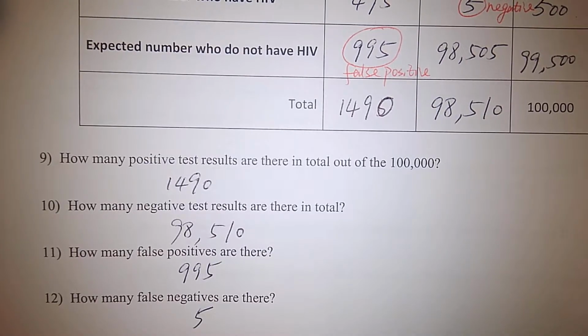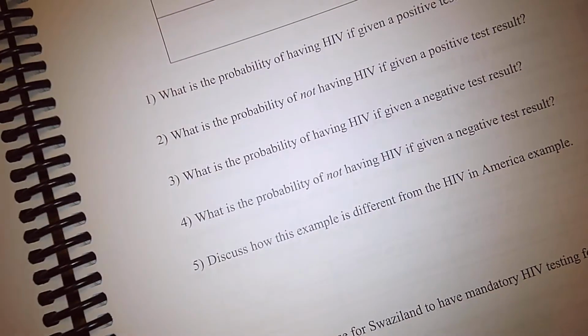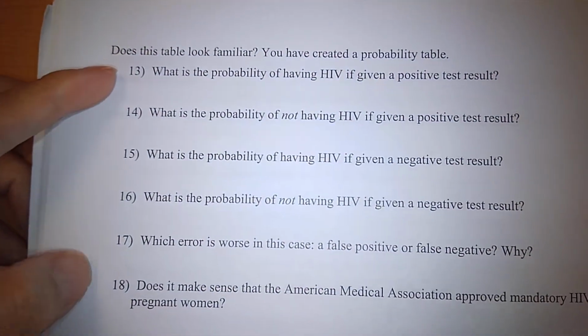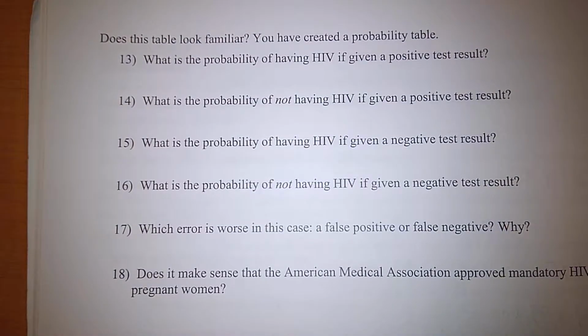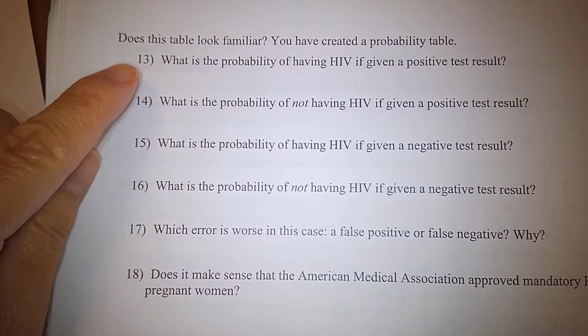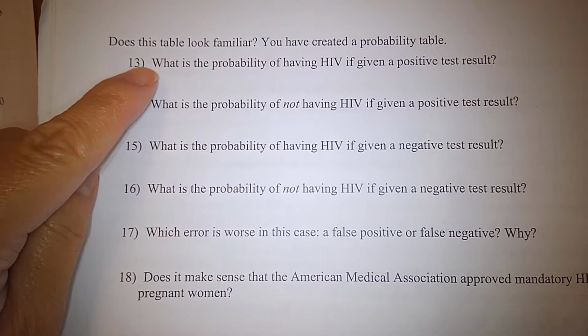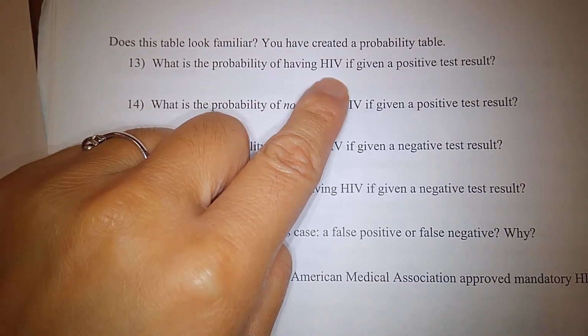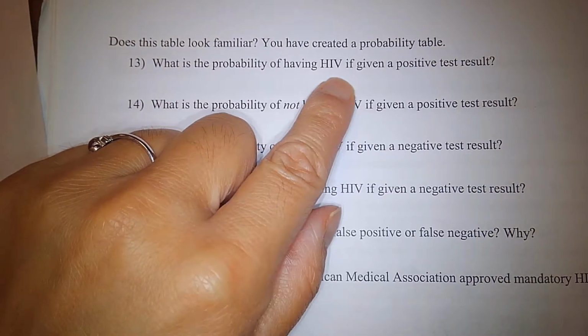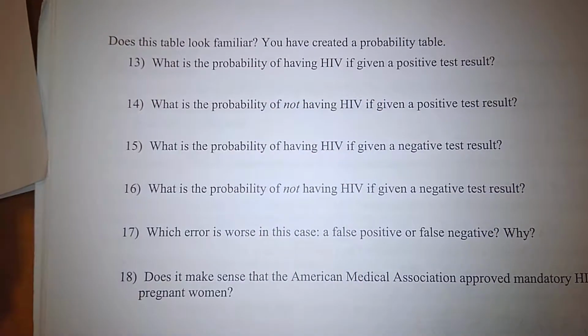Until now? Okay. Alright, now we are going to answer questions 13 to 18. So let's look at question 13. What is the probability of having HIV if given a positive test result?